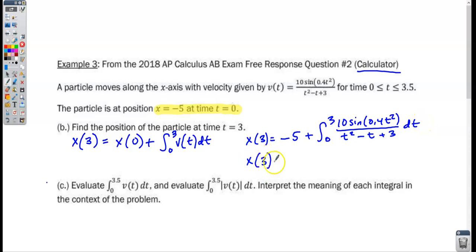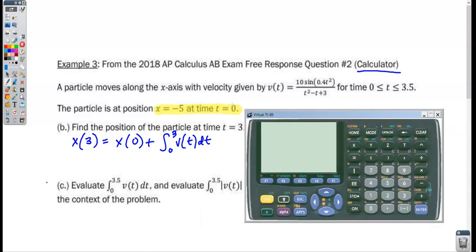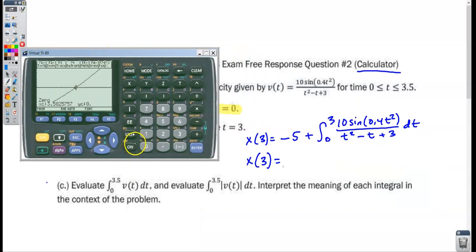And since this is a calculator question, I can just go ahead and calculate that value using my calculator. I've got -5 plus the integral of the quantity 10 sine of 0.4 t squared, close the numerator, divided by quantity t squared minus t plus 3.